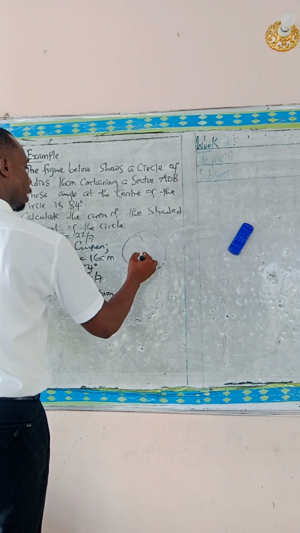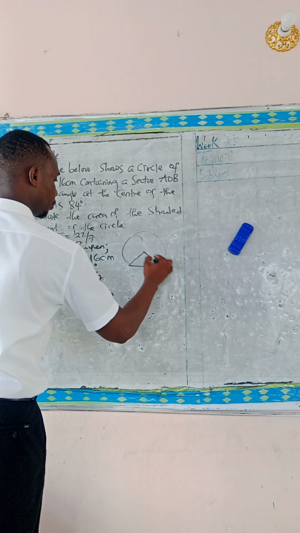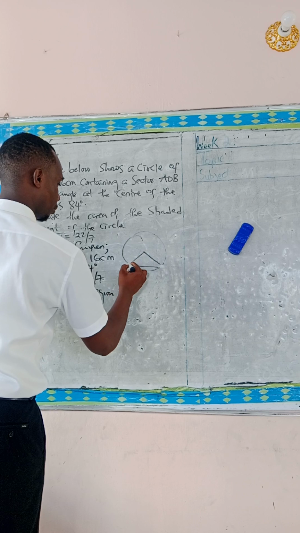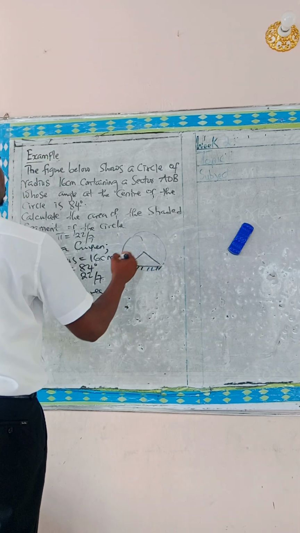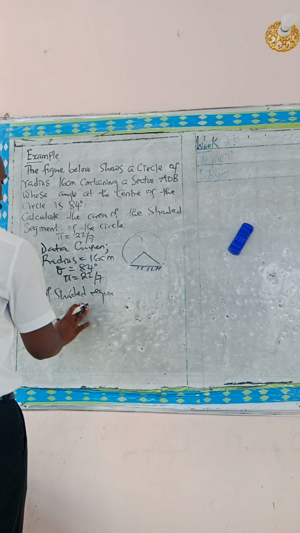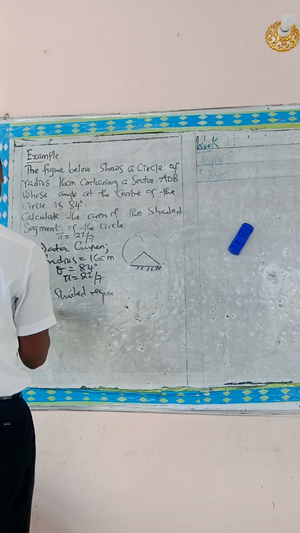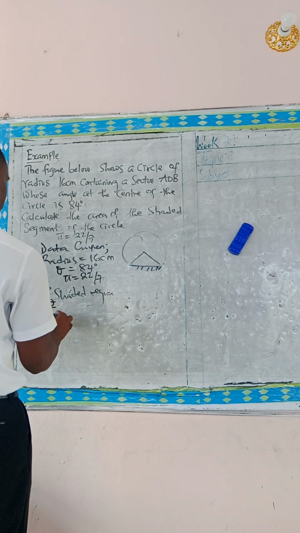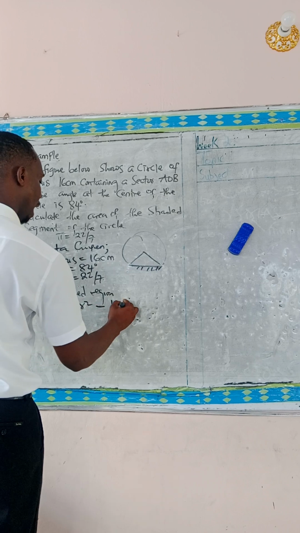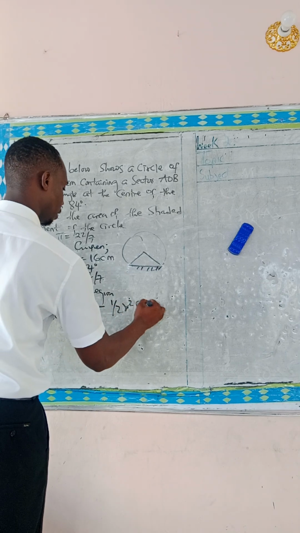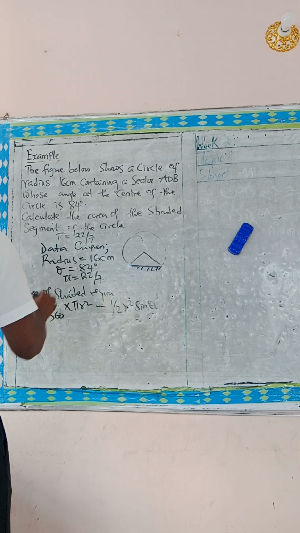Well, let's draw the circle and represent the shaded region. So the area of the shaded region gives us theta over 360 times pi radius square minus half radius square sine theta. So we can substitute the data given.